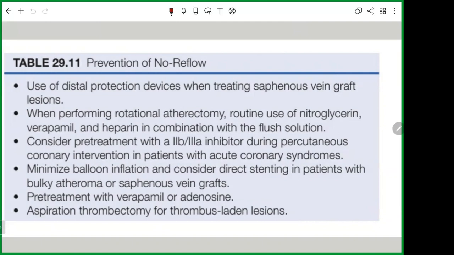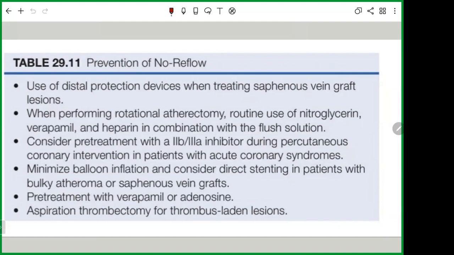Another thing is minimizing balloon inflation and considering direct stenting in patients with a bulky atheroma or a saphenous venous graft, or pre-treatment. In the pre-treatment, prophylactic intracoronary dilators like verapamil or adenosine can prevent it. Some studies quoted this, and there is aspiration thrombectomy for thrombus-laden lesions.